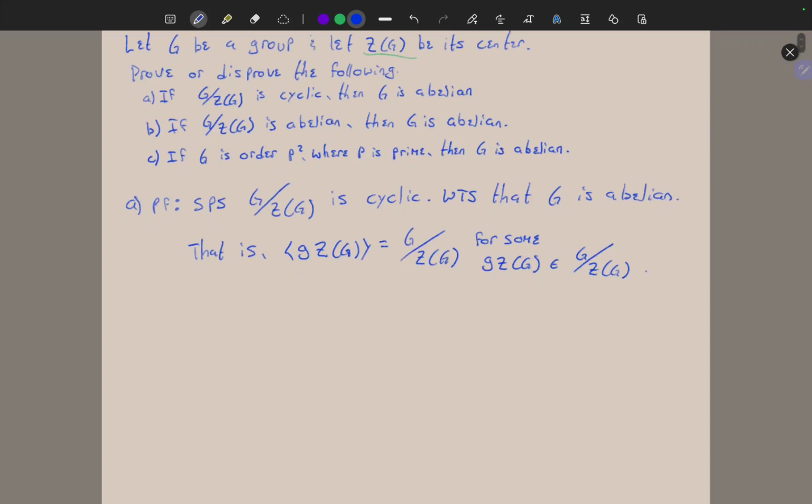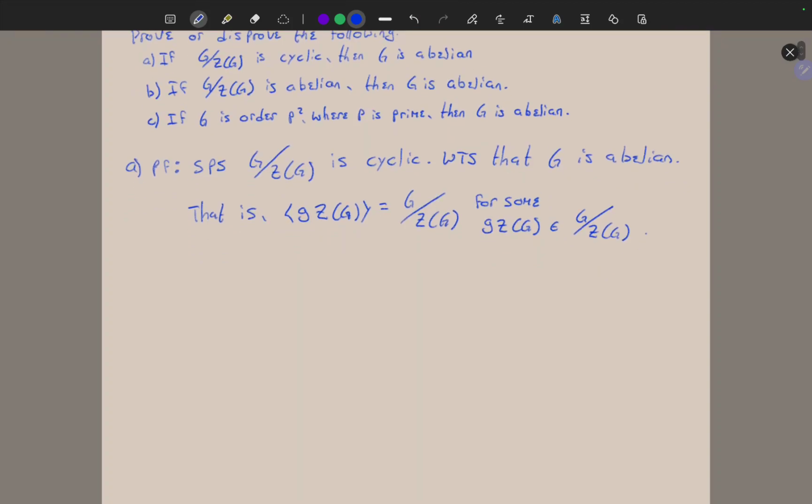So we want to show that G is abelian. So let a and b be elements in G. To show that G is abelian, we want to show that ab is equal to ba. And since we want to say something about a and b, let's take these two elements in the quotient group.